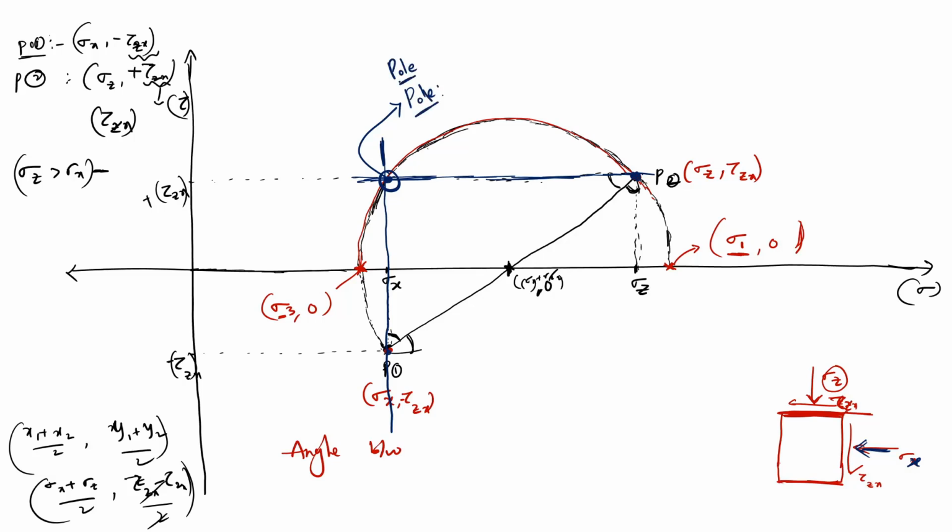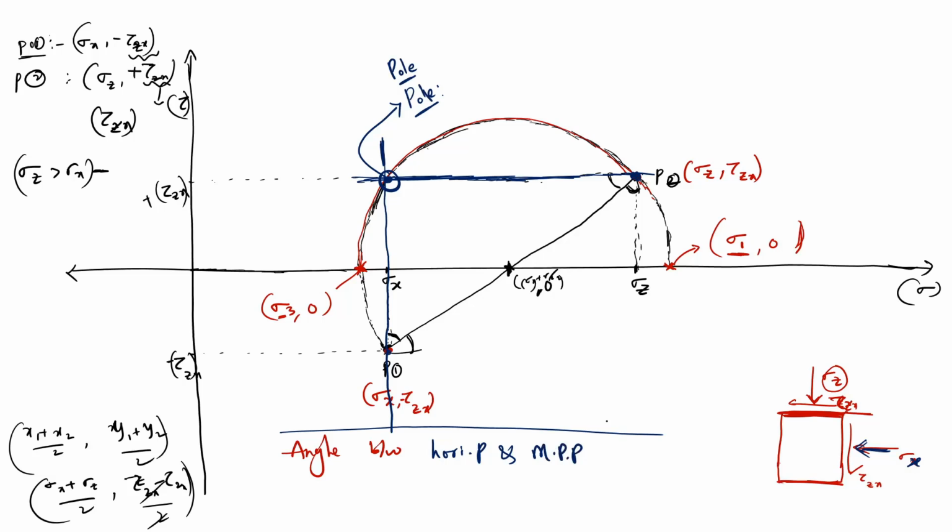Now from the pole, whichever line you draw is the real plane. If you draw a horizontal line from this pole, that will become the horizontal plane. Now the question is about the angle between the horizontal plane and the major principal plane. How to find the major principal plane?